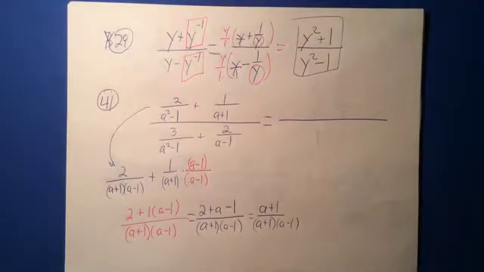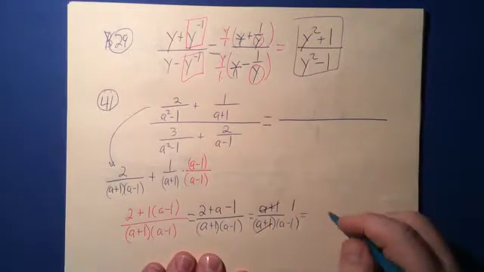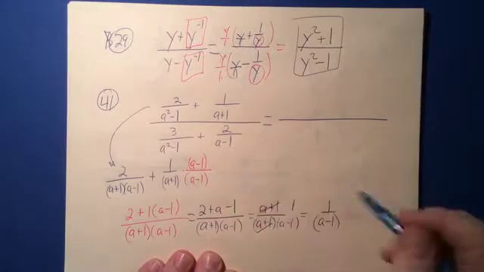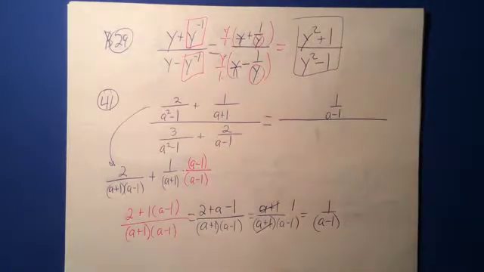I'm really thorough about my steps. I can reduce the a plus 1s and be left with 1 on top, so that'll give me 1 over a minus 1. So this entire top piece here is going to simplify to 1 over a minus 1 when I do all the work that I've shown here.